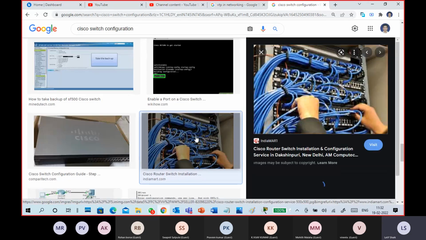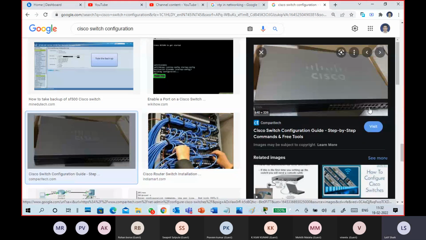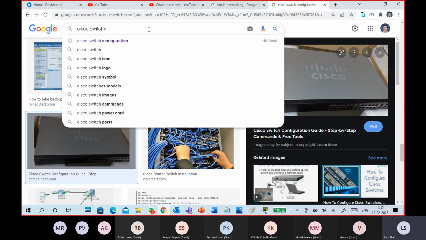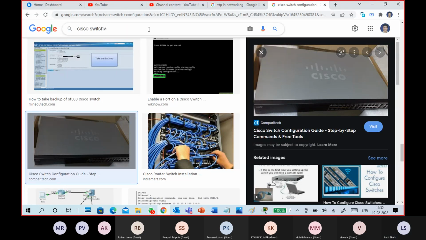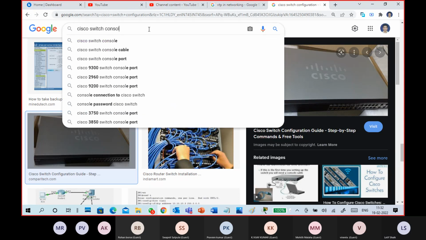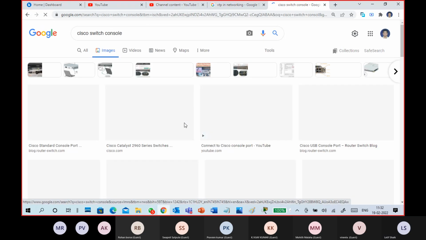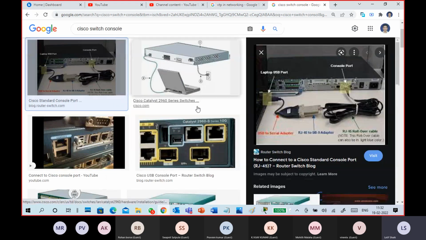The console switch is normal only, purely a console port. Here it is: console port, cable, and system. Now a converter has come, a laptop USB port converter, which is actually a serial port connector.